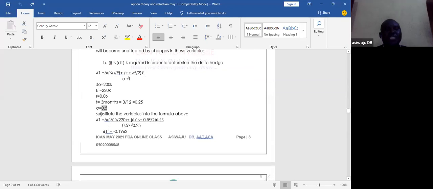Next is to substitute these variables into your D1. You have the ln, the formula: S0 is 200, your E is 220, close the bracket, plus your risk-free rate is 6%, plus your volatility, which is 0.5, squared, divided by 2, multiplied by your time, all over your volatility multiplied by the square root of your time to maturity.